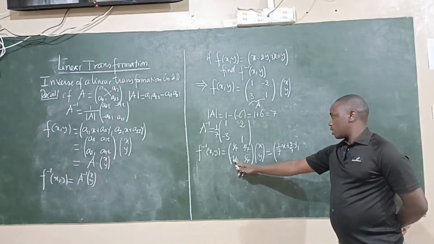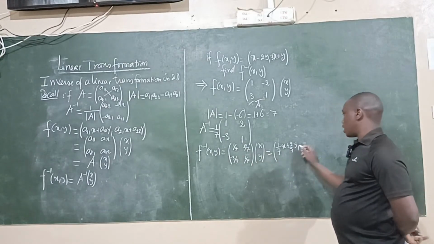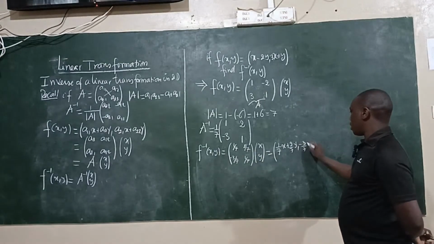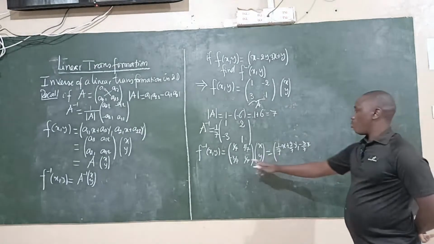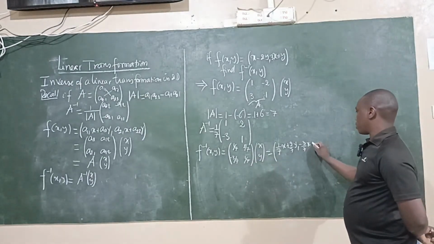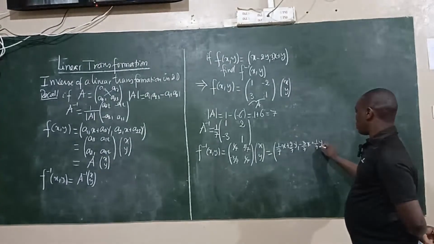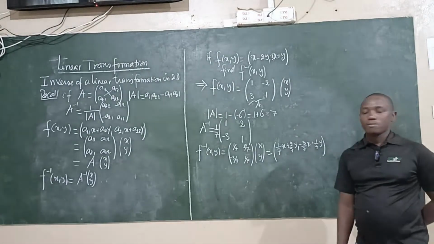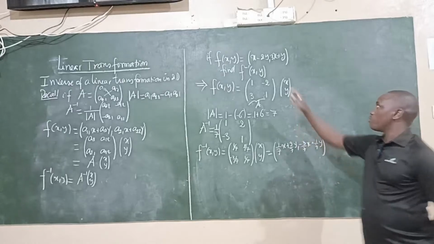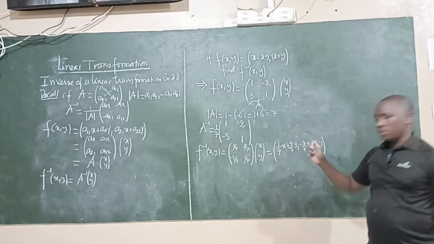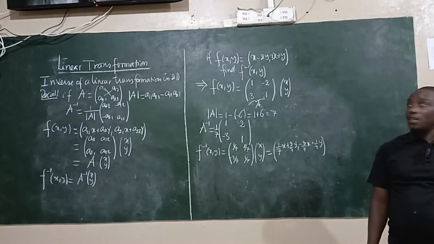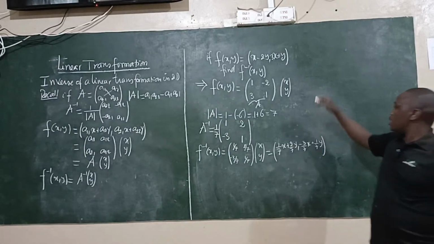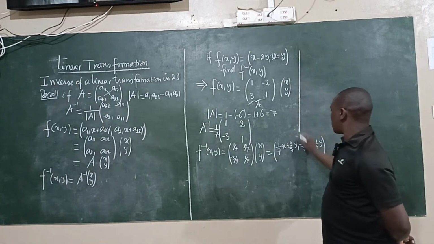We go to this. -3/7 times x, that is -3/7 x. 1/7 times y, that is plus 1/7 y. So the inverse of this transformation is this. Can you see the second alternative, guys?